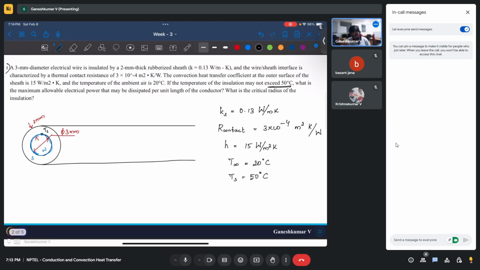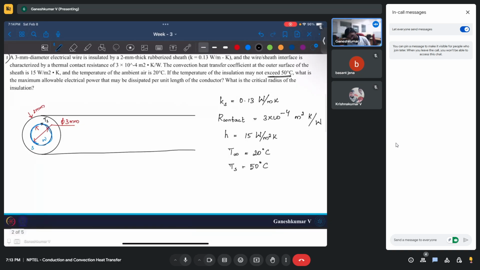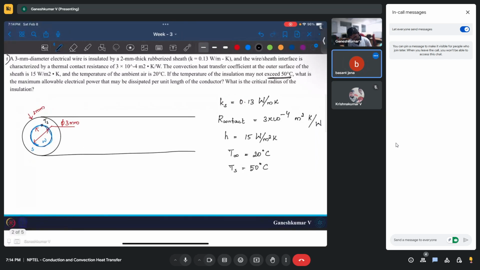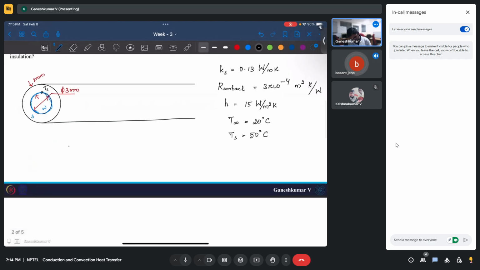Then how do we go about it? Maybe you can draw a resistance diagram. Here there will be three resistances, sir. One is the contact resistance, then the sheath material, and the last one is convection.